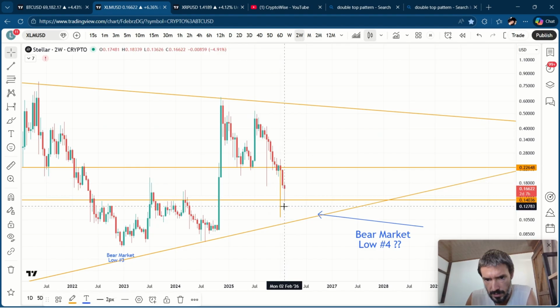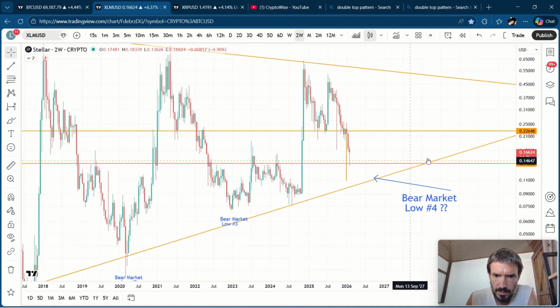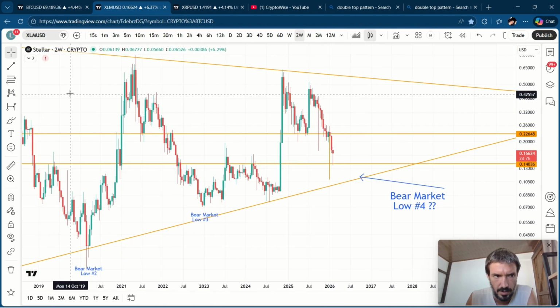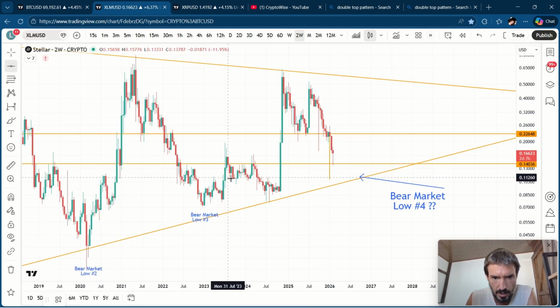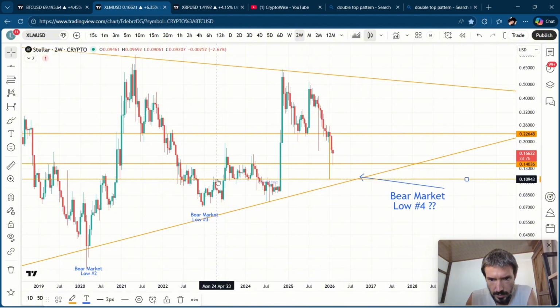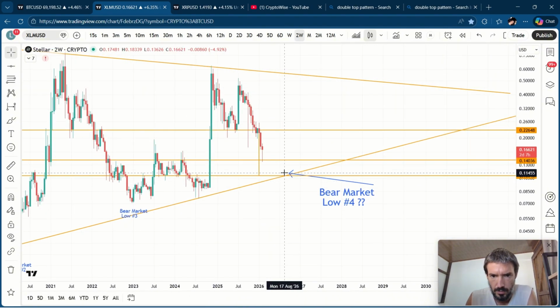It's never perfect. So somewhere around here, at around 11 cents. Okay, so that confluences with a very big support level over here. Big support level here at around 11 cents.